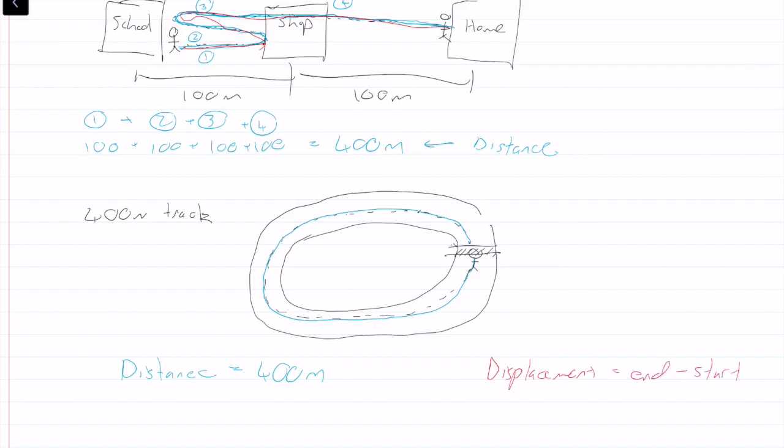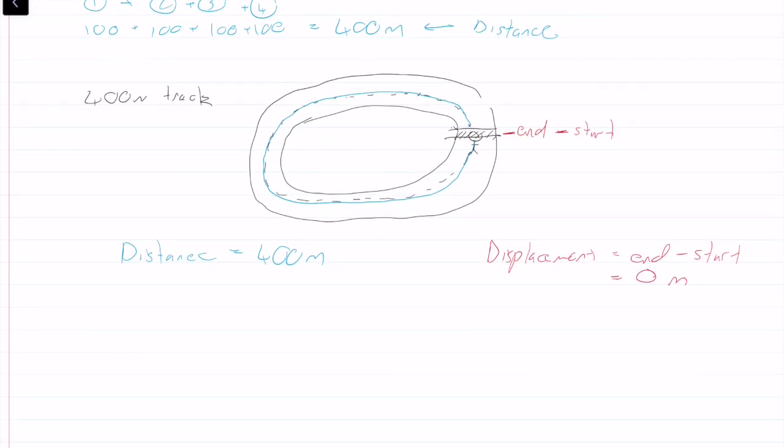I ended right here, and this is my start as well. So my displacement is 0 meters. The person has had 0 displacement, but that doesn't mean that they haven't moved, because they've done the 400 meters. So their distance is 400, but their displacement is 0 meters.